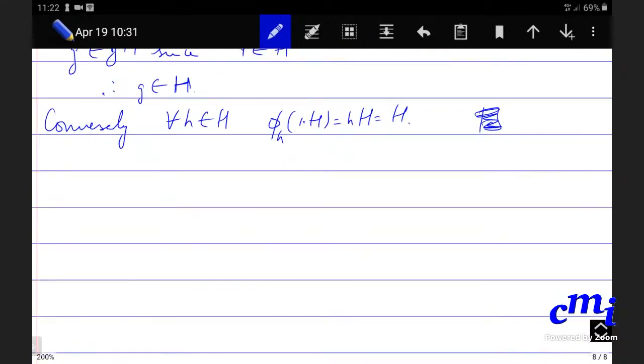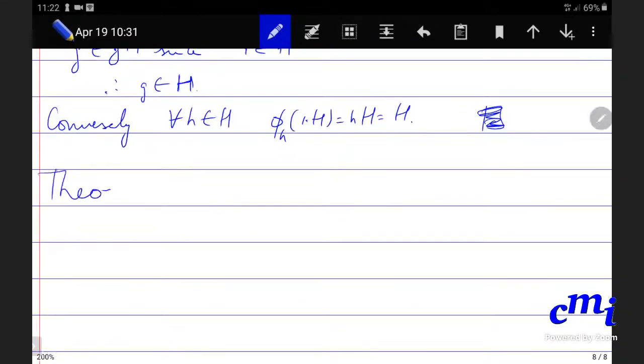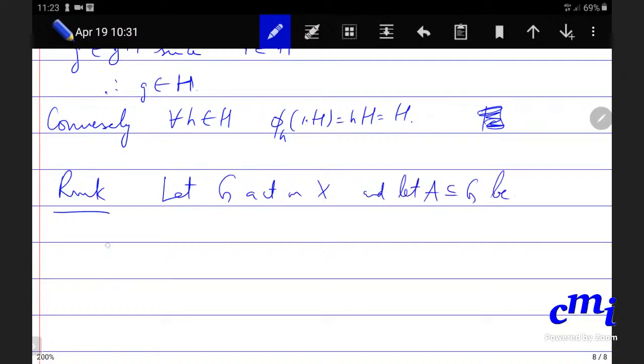Here, orbit. Maybe I should make one more remark. Let G act on X, and let A inside X be an orbit of this action, a single orbit.